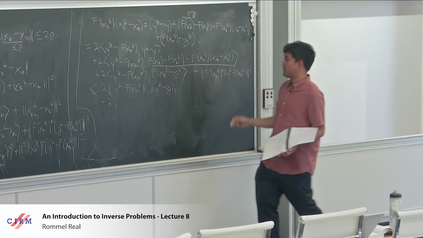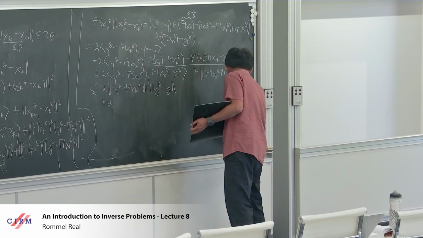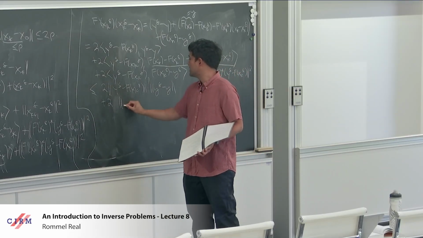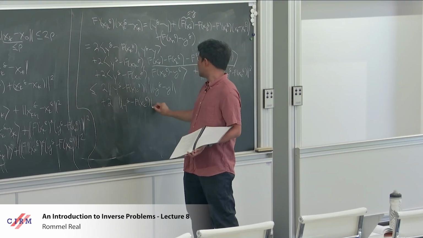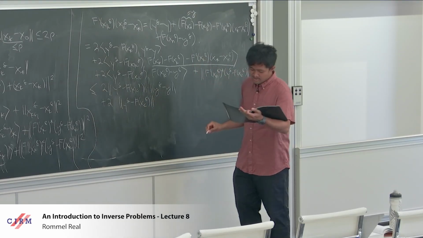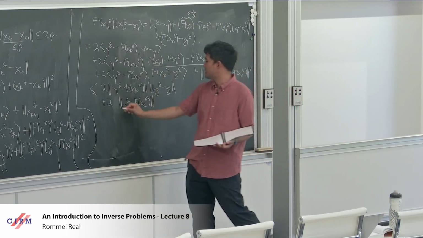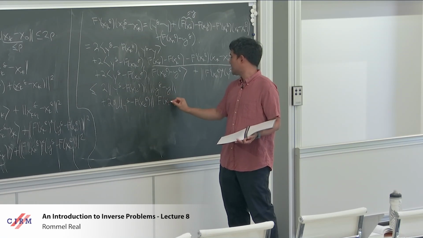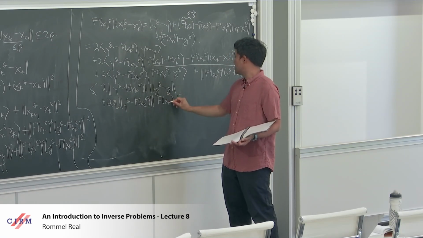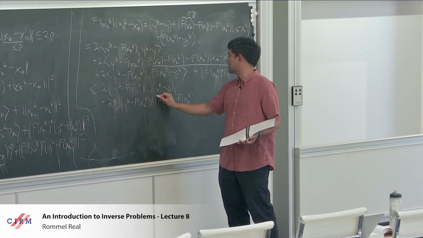Okay, so we have 2 times the norm of y delta minus f of xk delta times this one. Note you have eta here from the nonlinearity condition, so let's just put it here. That f of x star minus f of xk delta.